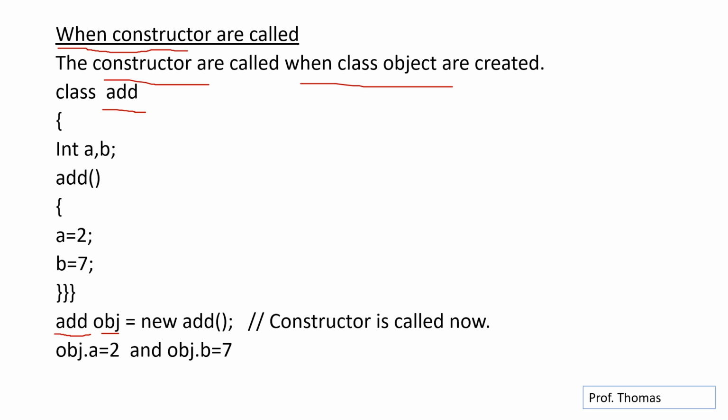When we create the class object, it implicitly calls the constructor. It initializes the object variables, object dot a equal to 2 and object dot b equal to 7.